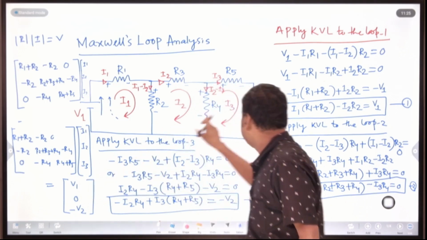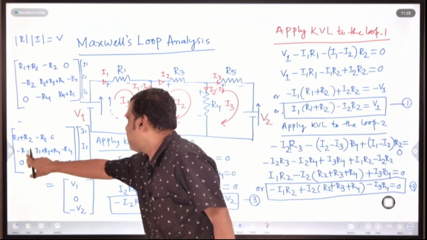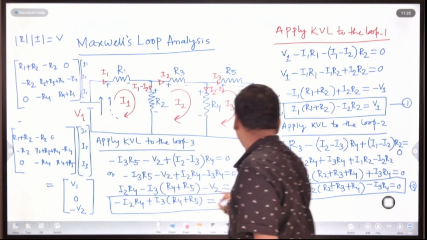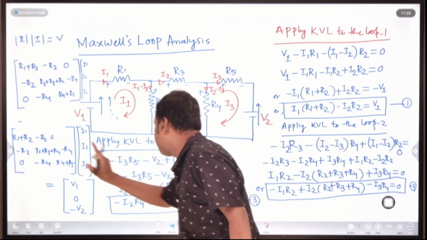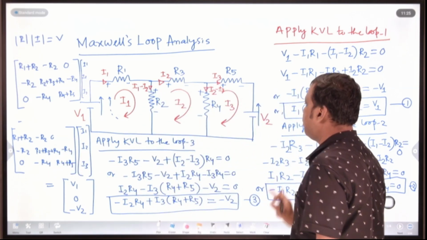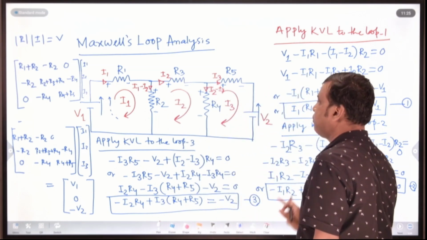Isn't it? This equation is satisfied or not? Come to second, minus R2 into I1, minus I1 R2, then plus I2 into R2 plus R3 plus R4, minus I3 into R4.